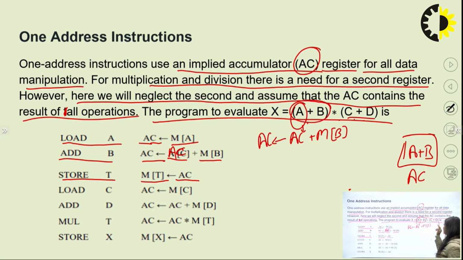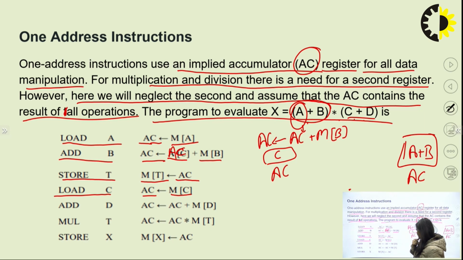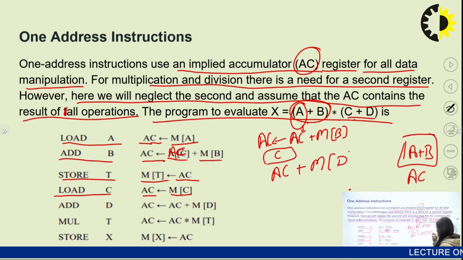Again we have C plus D. So we will repeat the same steps as we did with A plus B. We will load the content of memory location C into AC, which we write as LOAD C. In the next step, AC holds the content of C, and we have to add this with the content of M[D], and put the resultant into AC.